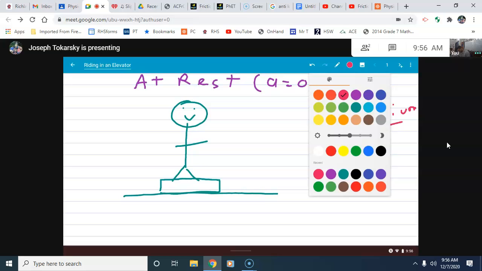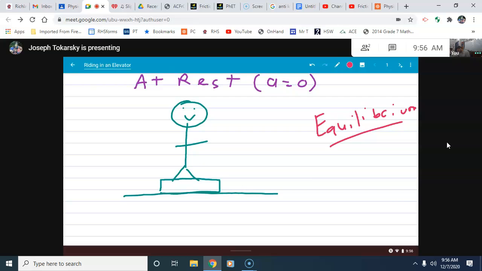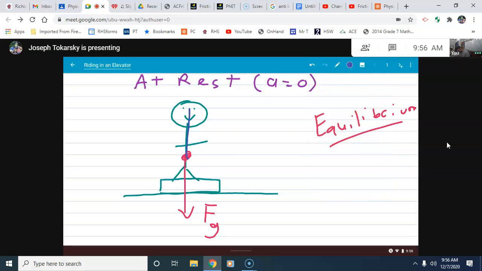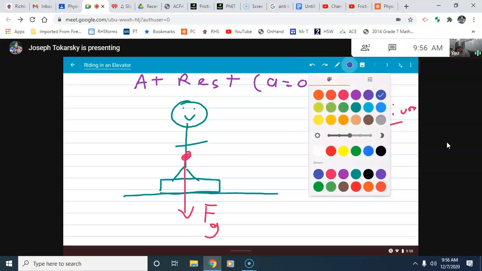Okay? So if you're just standing on a bathroom scale in an elevator, your weight, or in other words, the force due to gravity, points downward, right? And the normal force points upward. I'll just use red for all of them.